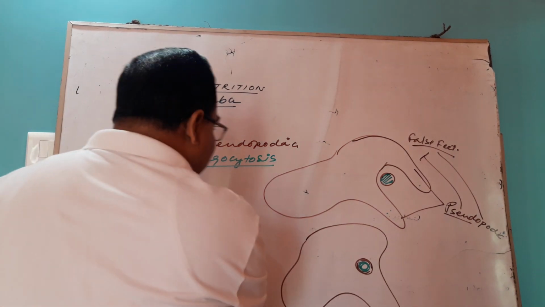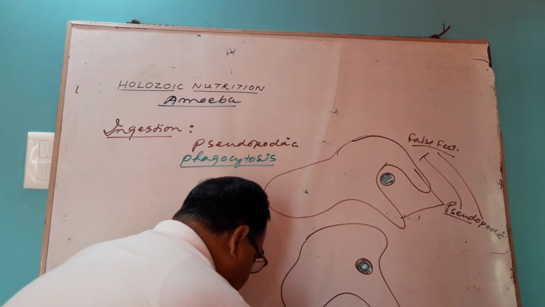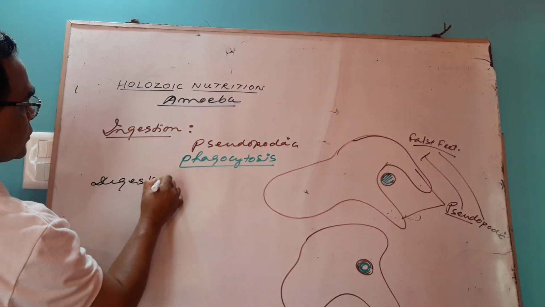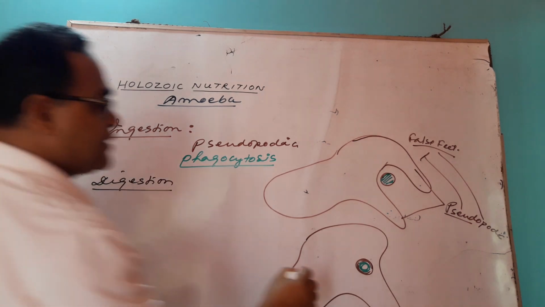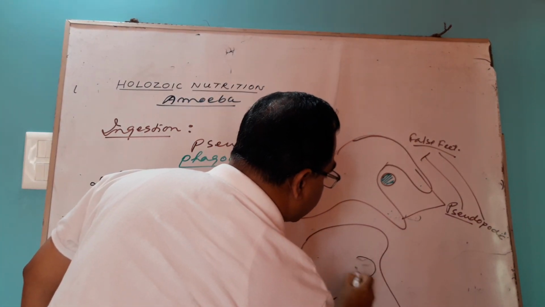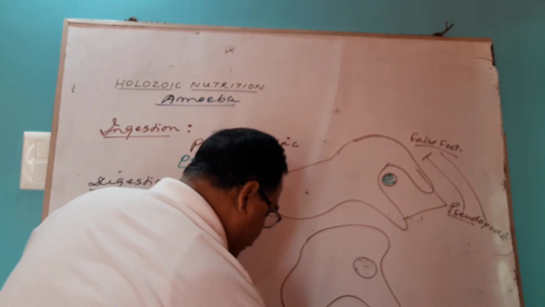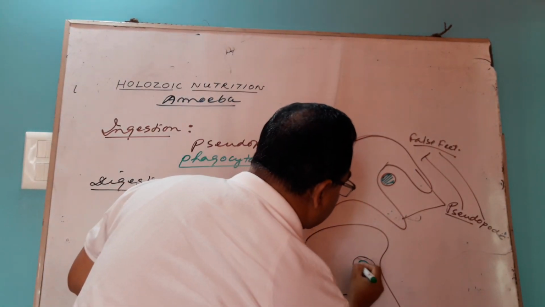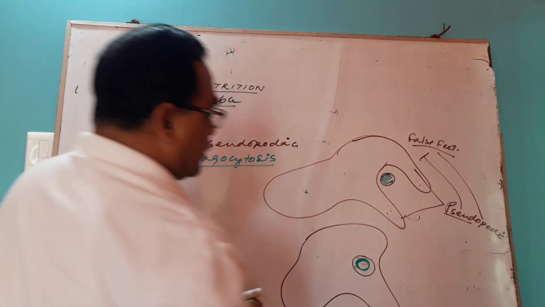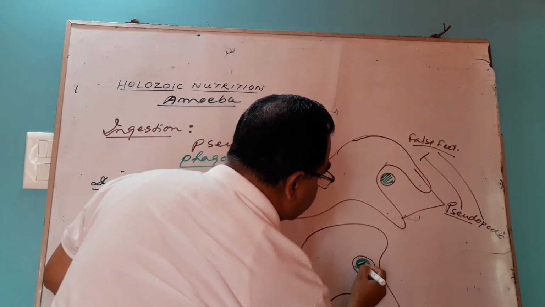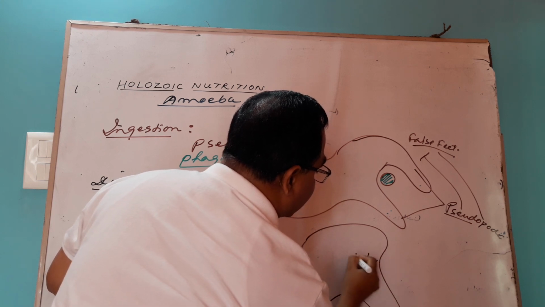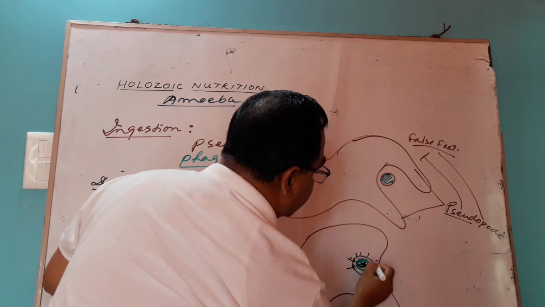So the next part is digestion. Once the food is inside the cell, a vacuole is formed. This is the vacuole and this is the food particle. Inside the cytoplasm, a food vacuole is formed, and within the food vacuole, some digestive enzymes are secreted.